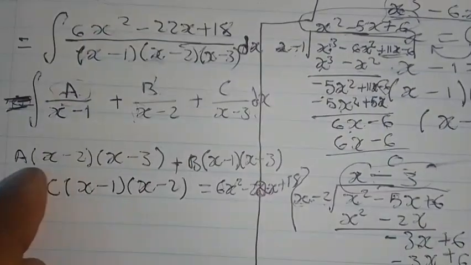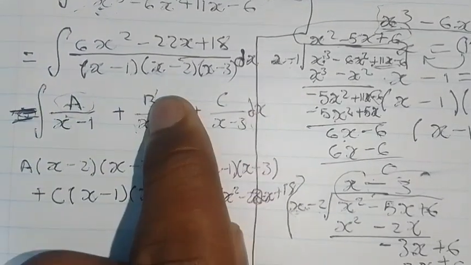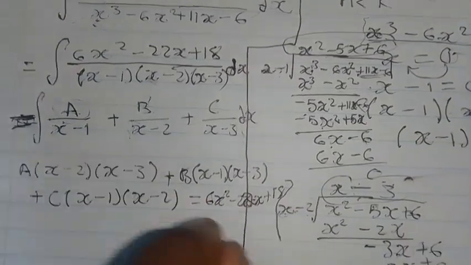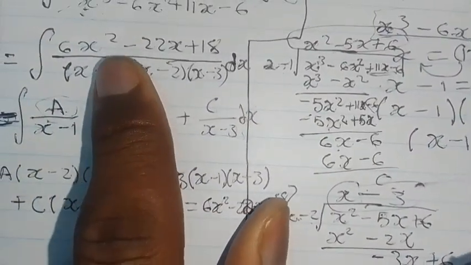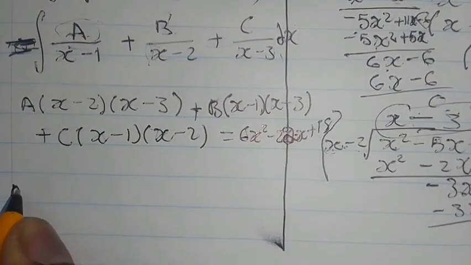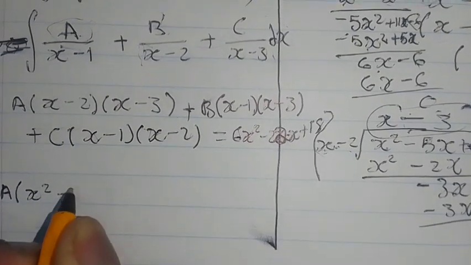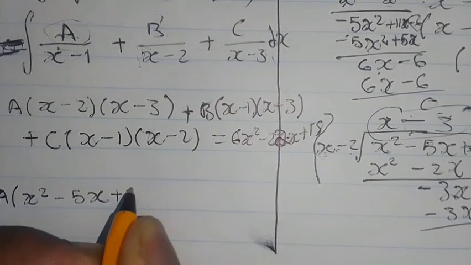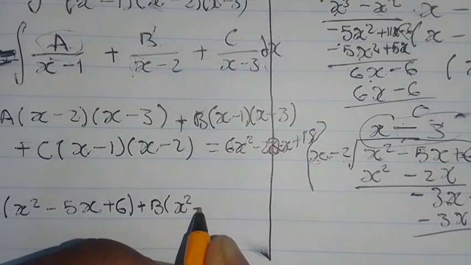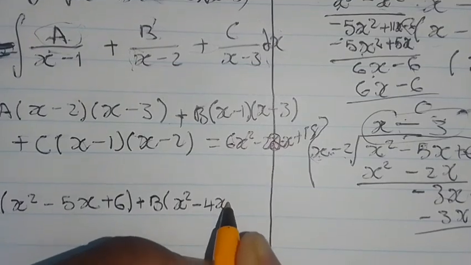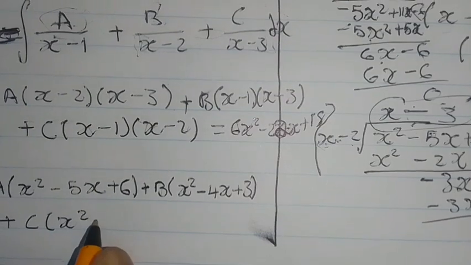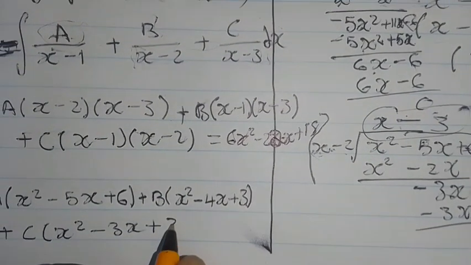So after you multiply this with these denominators and this one with these other denominators, and you sum up all over that, this will be the same as the numerator. You just equate that to the numerator. And now it's just a matter of expanding from there. Then you have a into x squared minus 5x plus 6 plus b into x squared minus 4x plus 3. And then you also have c into x squared minus 3x plus 2.